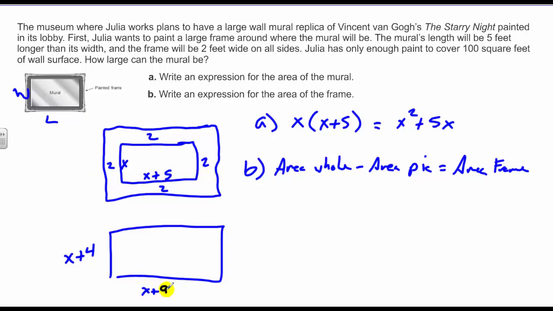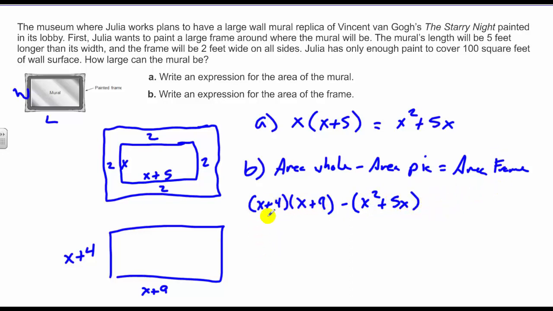That's x plus 9. So the area of the whole is x plus 4 times x plus 9. And we have to subtract off the area of the picture. We already did that. The area of the picture is just x squared plus 5x. And that will give me the area of the frame.